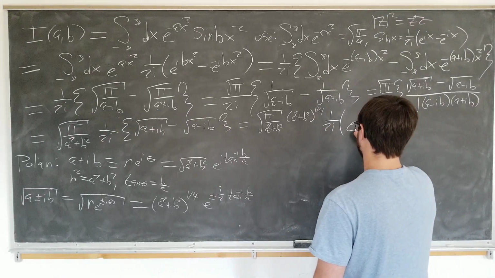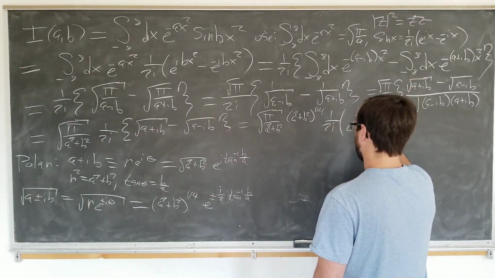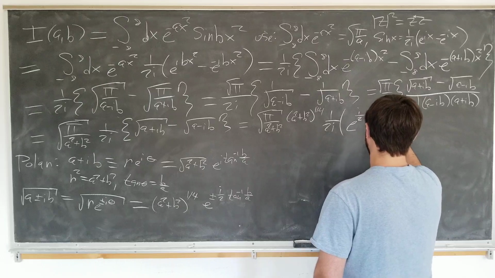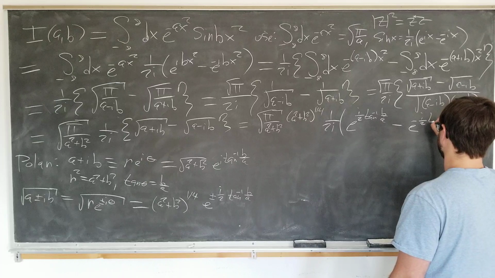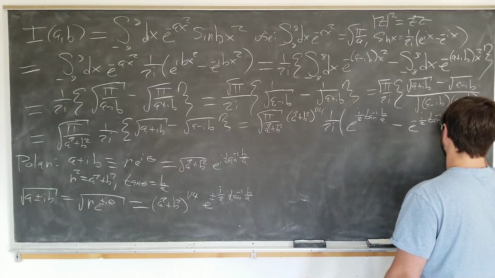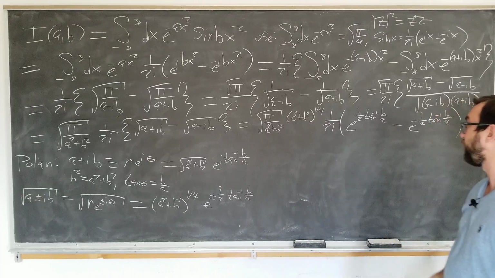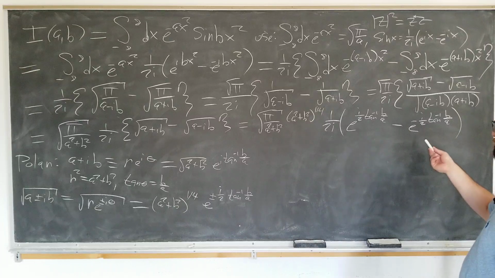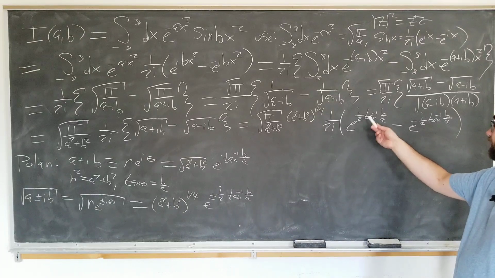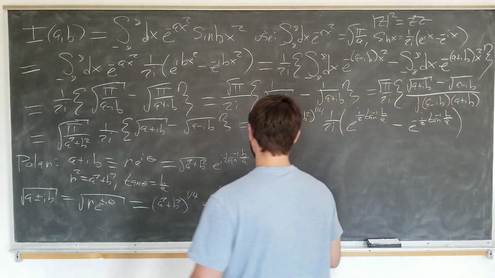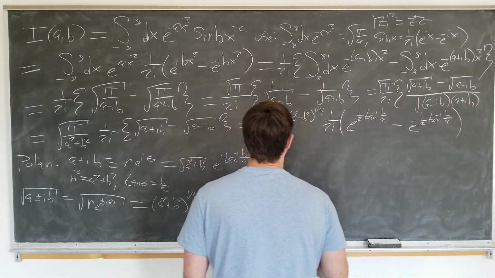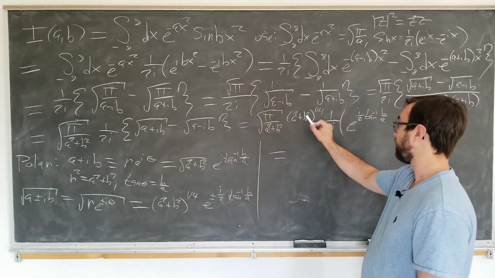So e to the i over 2 inverse tangent b over a minus e to the minus i over 2 inverse tangent b over a. Now we can recognize this term as just the sine of this here from our relationship above.